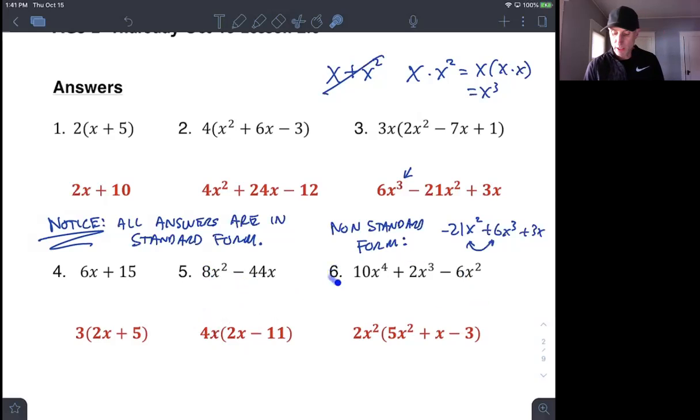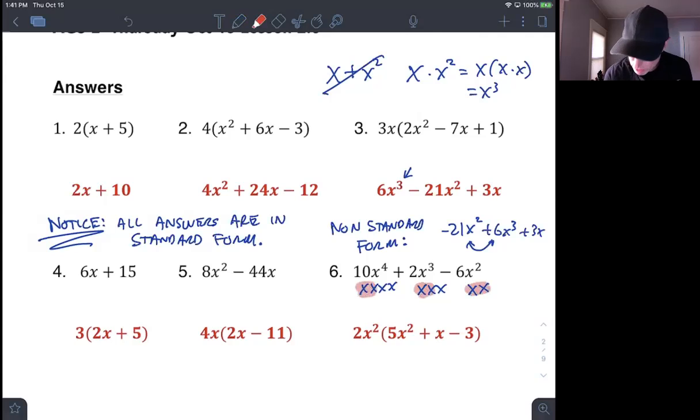Okay, pay careful attention to positives times negatives give you negatives. And then over here, what's in common in all of these is a 2 for the number. 2 goes into 10, 2 goes into 2, 2 goes into 6. But there's also an x squared inside there, because if you think about this, x to the 4th is like x times x times x times x. X cubed is like x times x times x, and x squared is 2 x's. And so here I've got 2 x's. Here I've got 2 x's with 1 left over.